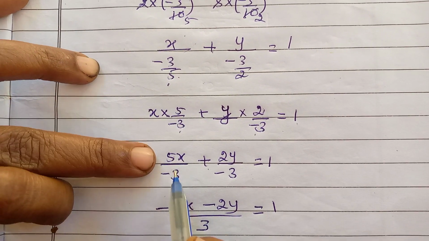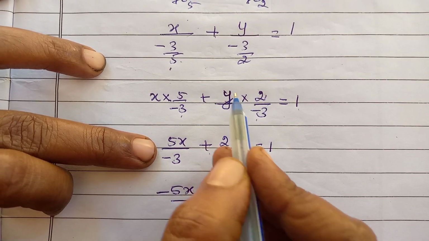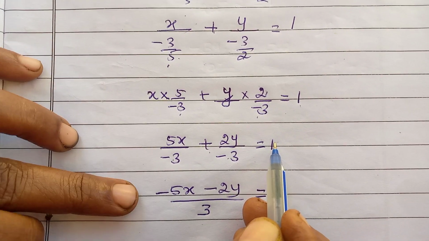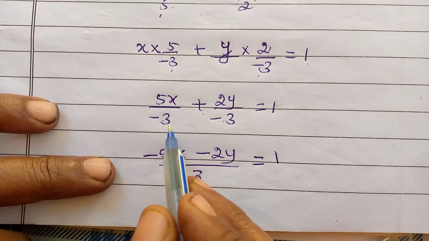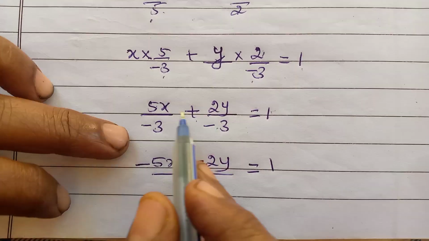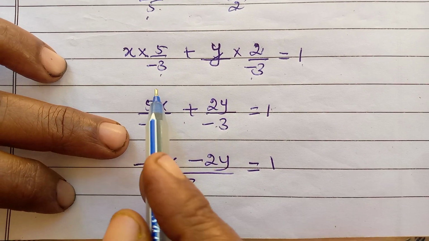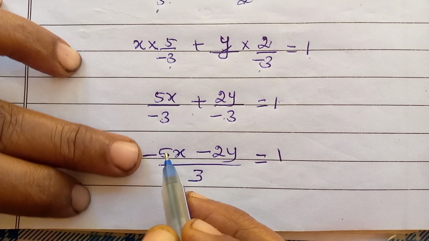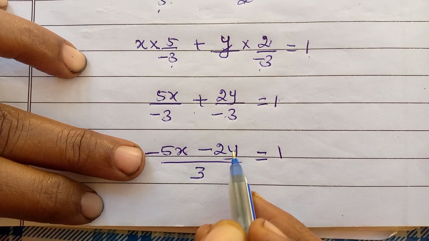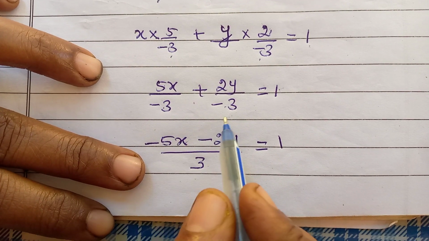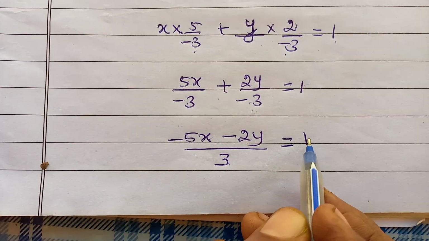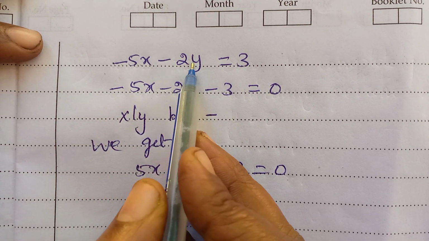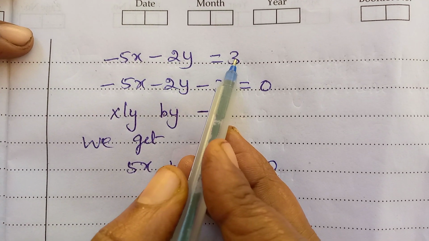Now 5x by minus 3 plus 2y by minus 3 equal to 1. Positive and negative is negative, so let us take this negative to the numerator. So it can be written minus 5x minus 2y by 3 is equal to 1. That is minus 5x minus 2y equal to 3.